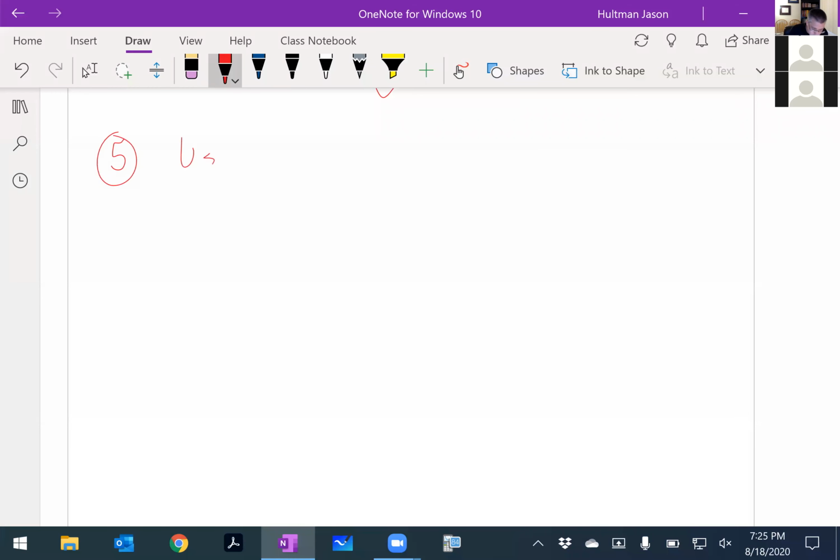Okay, use the model n equals 0.014t plus 2.88.